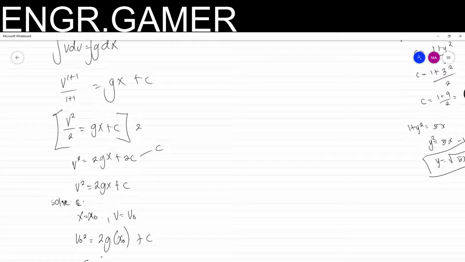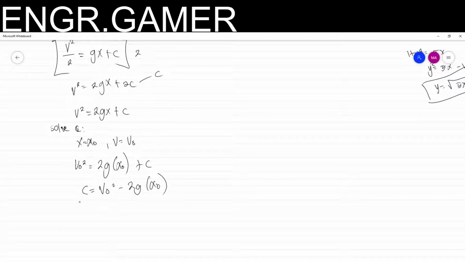So c natin is v sub o squared minus 2g x sub o. Okay? Substitute natin yung value ng c sa equation natin. So we have v squared is equal to 2gx plus v sub o squared minus 2g x sub o.